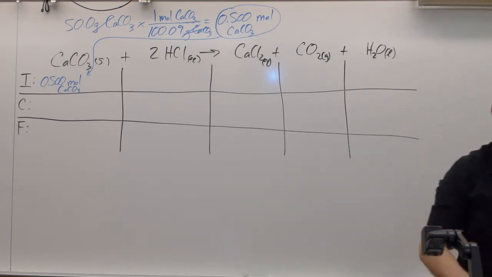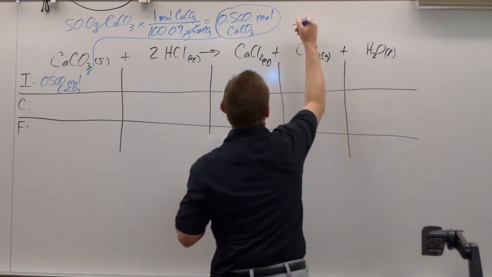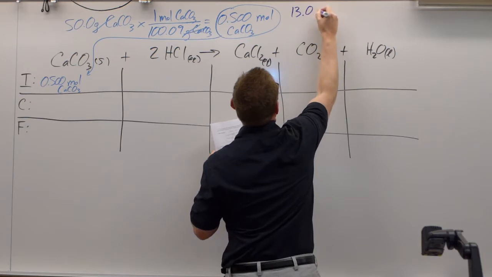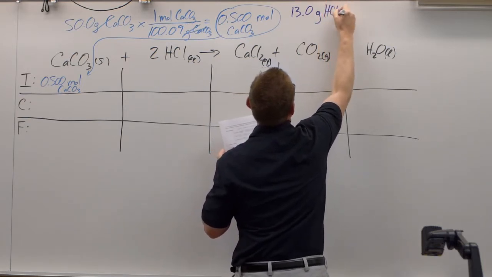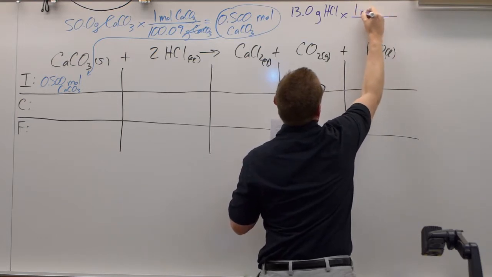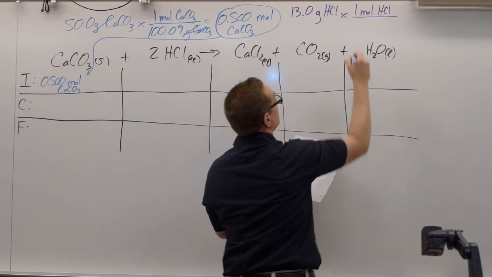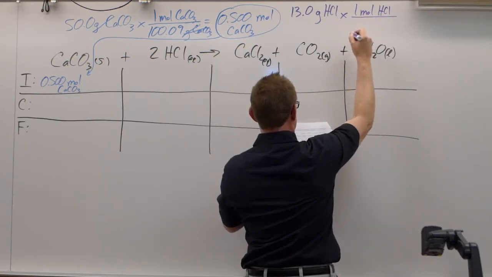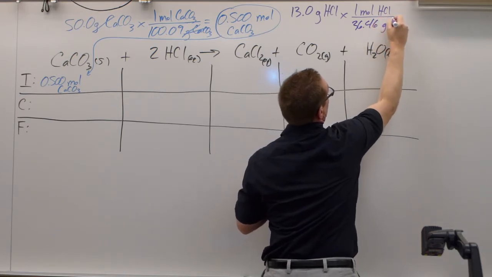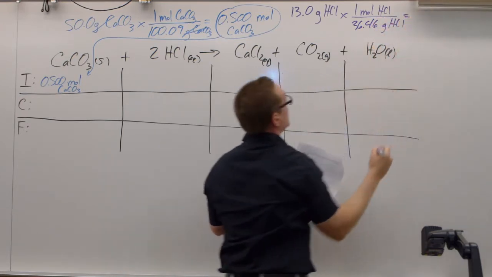For our HCl, we've got 13.0 grams of HCl. One mole of HCl for every 36.46 grams of HCl.